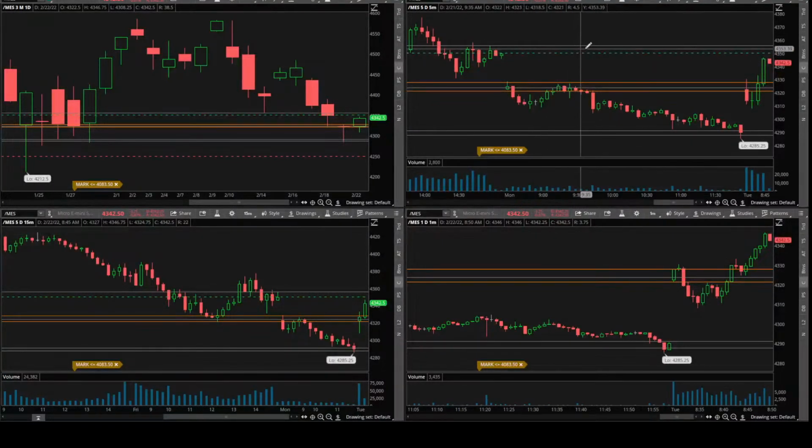I'm thinking this 55 to 58 area. So just above the overnight high, about 54, 55, could be significant for a short.